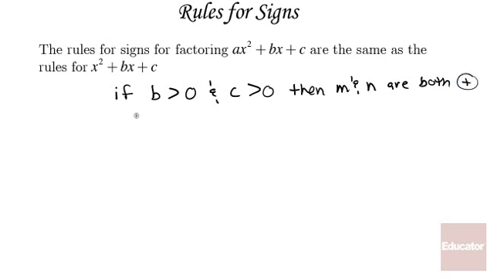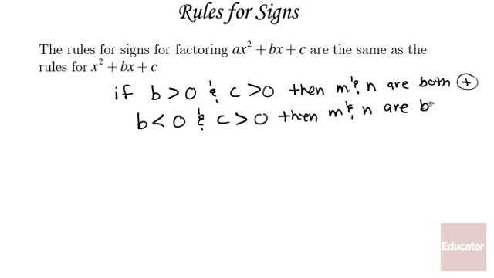Okay? If b is less than 0 and c is greater than 0, then m and n are both negative.